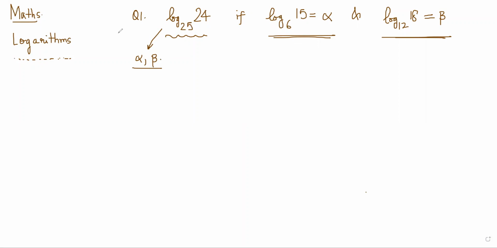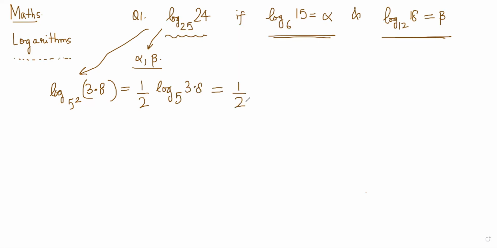So first step would be to try to transform this and make it simpler. This is log 5 square 3 into 8. So this is half log 5 3 into 8, which is half log 5 3 plus log 5 8, which is 3 log 5 2, right?